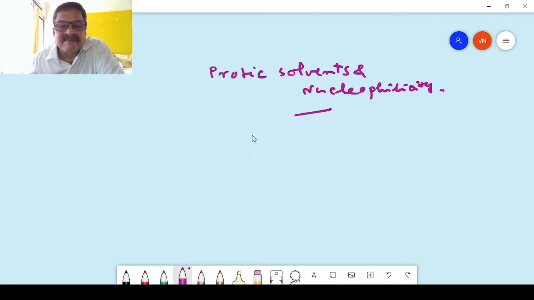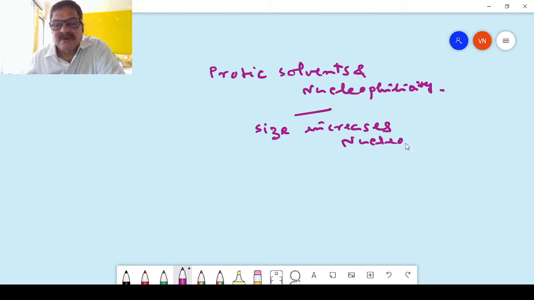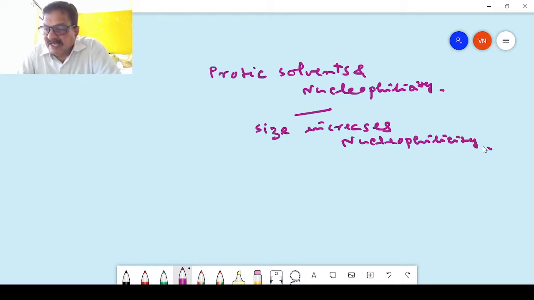It is opposite to basicity. As the size increases, nucleophilicity increases. This is the order. In the case of basicity, it is the other way around: as the size of the anion increases, basicity decreases.